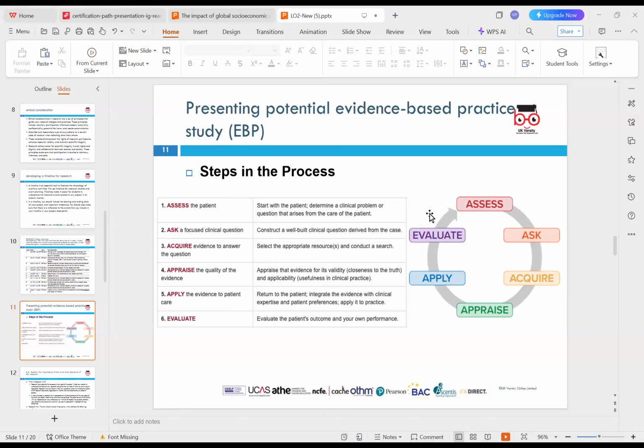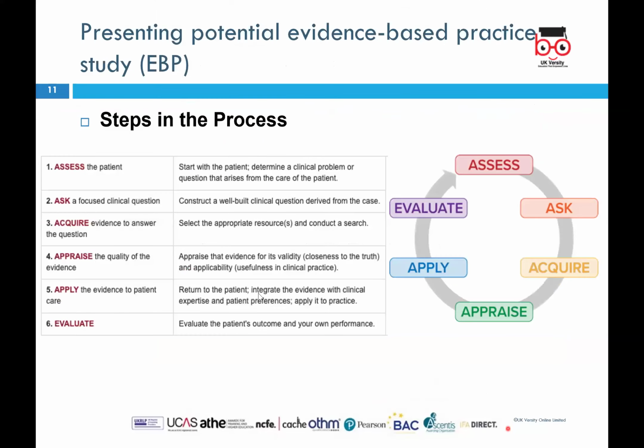Okay. So yeah, I've shared my screen again. A bit about how you present your evidence-based practice study. So this is a study, okay? You need to make sure that you have these steps in your process for making it evidence-based.